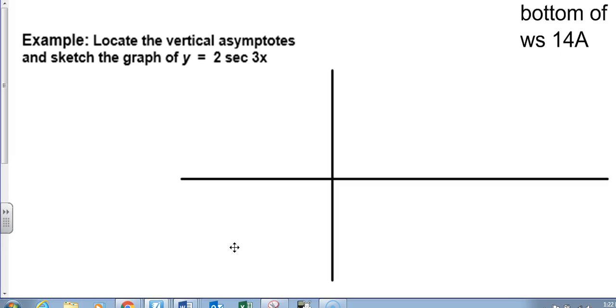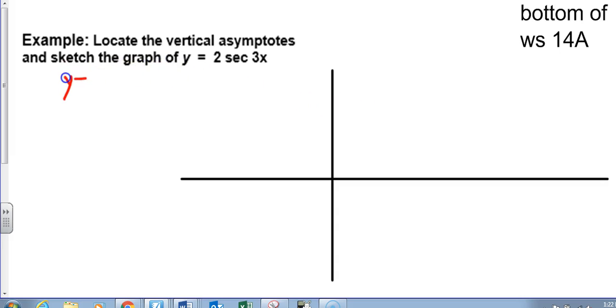All right, bottom of 14a, we're going to do some of these. I would like to go kind of quickly. All right, we're going to graph at least 4. We're going to graph at least 2 asymptotes and at least 2 ordered pairs.